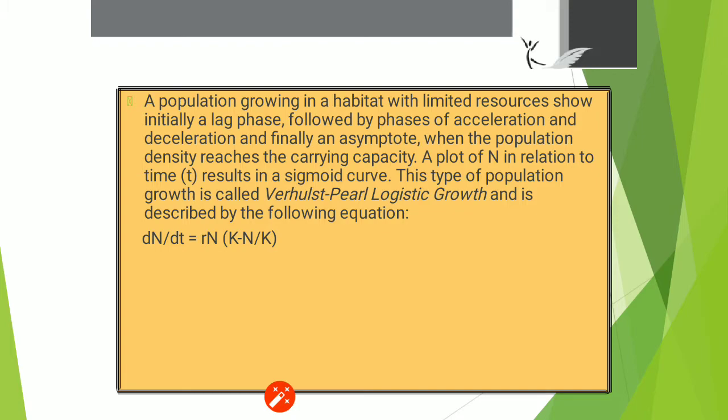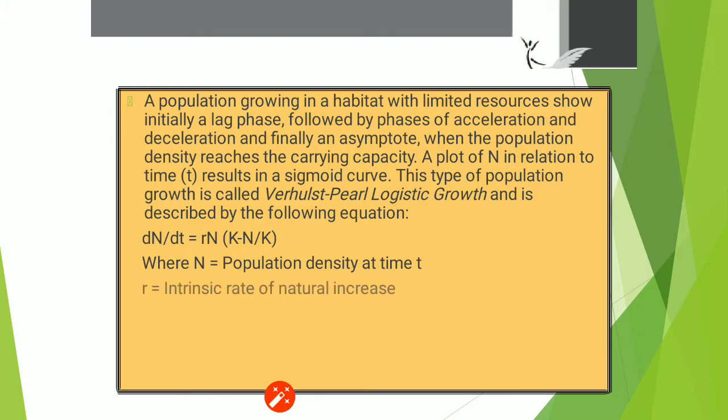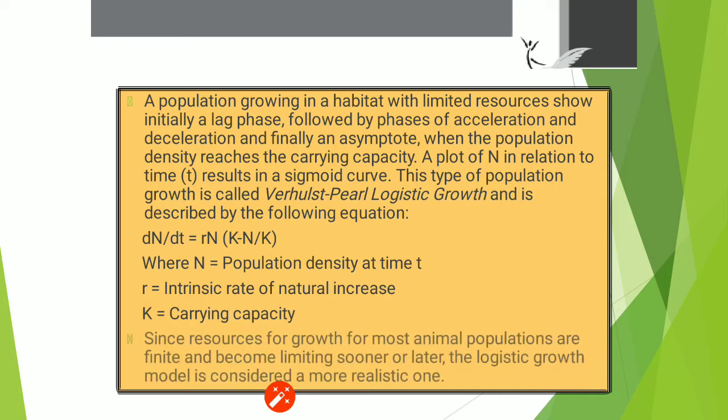This type of population growth is called Verhulst-Pearl logistic growth and is described by the following equation. dN by dt, it is the population density, equals rN within brackets K minus N by K, where N is the population density at time t, r is the intrinsic rate of natural increase, and K is the carrying capacity.